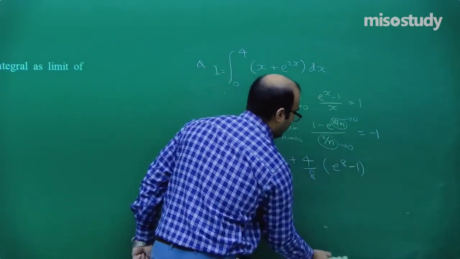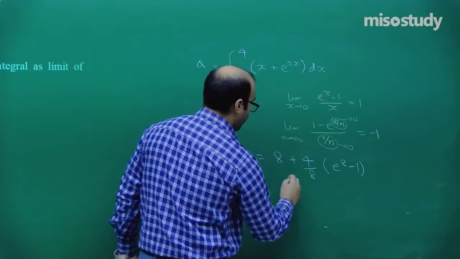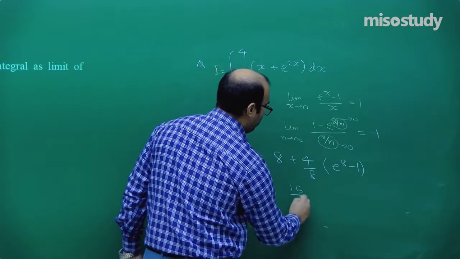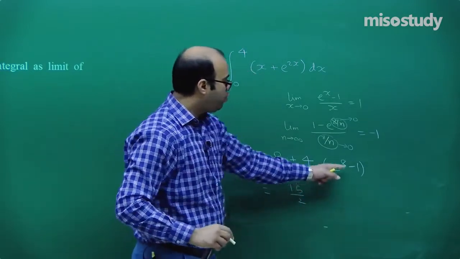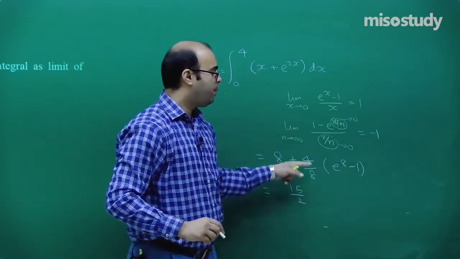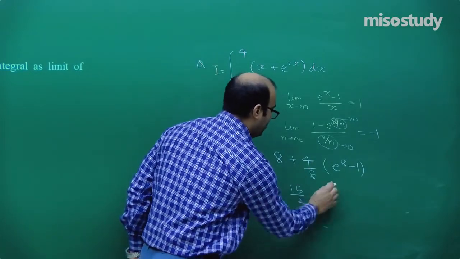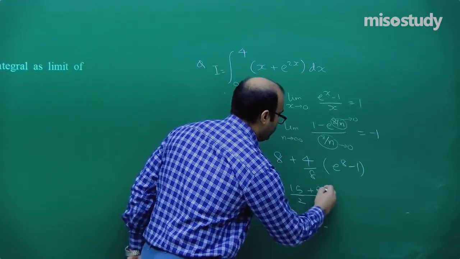So we can write the final answer as 8 minus 1 by 2, that is 15 by 2, plus e to the power 8 by 2. So we can write it as 15 by 2 plus e to the power 8 by 2.